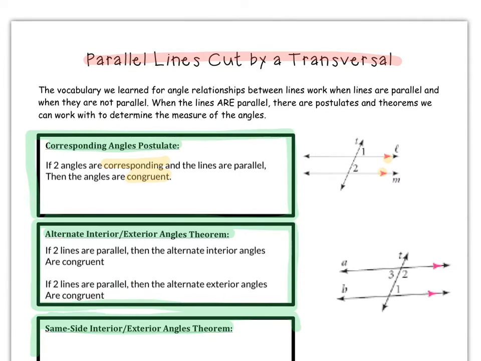So if two lines are parallel, then the alternate interior angles are congruent and the alternate exterior angles are congruent. When it's corresponding angles, they're congruent. When it's alternate interior or alternate exterior angles, it's congruent. Another word for congruent? Equal.